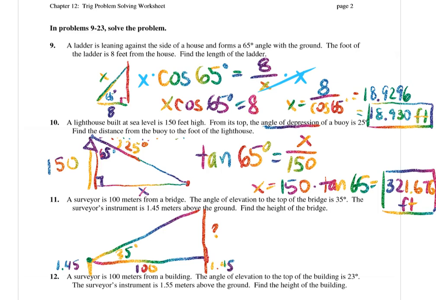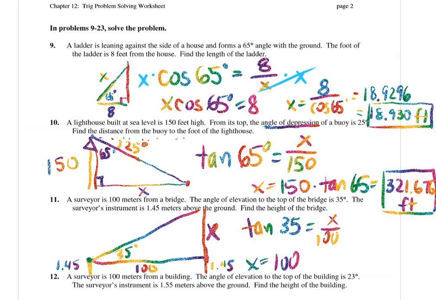So if we can figure out this height right here, we can just add that 1.45 from how tall the instrument was, and that'll give us the total height of the bridge. So to figure out, we'll call it x. Then that's my opposite side from the 35 degrees. 100 is an adjacent, so that would be tangent again. So tangent of 35 equals x over 100.